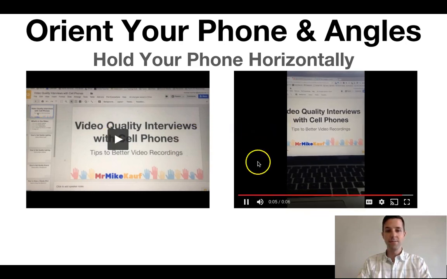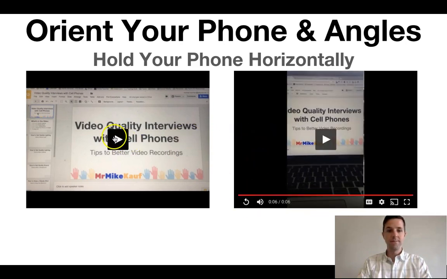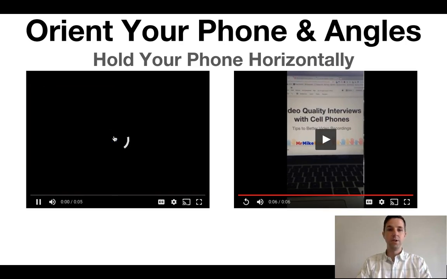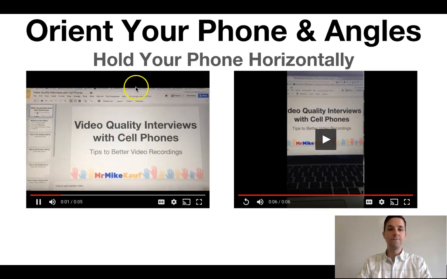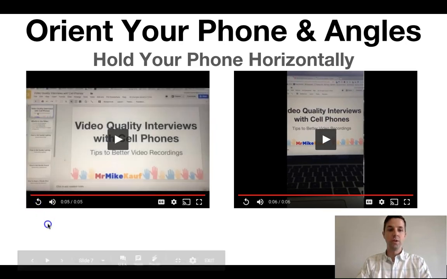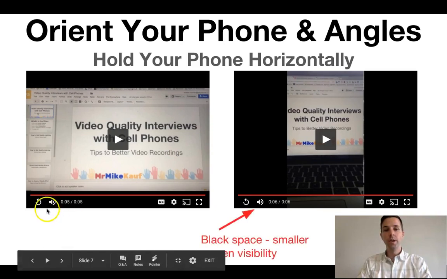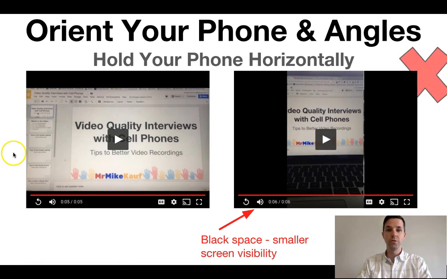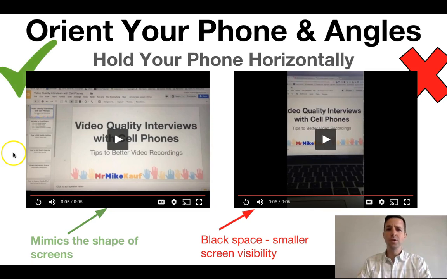However, the same video, right, using the same phone, same angle, you're now going to get the full view and it fills the screen better. Right, so really important, right? Make sure that you are holding your phone not vertically up and down. It's not going to turn out good, but instead you're holding your phone horizontally, side to side. It's going to fill the frame. It's the shape of computers, the shape of TVs. It's just going to look a whole lot better.